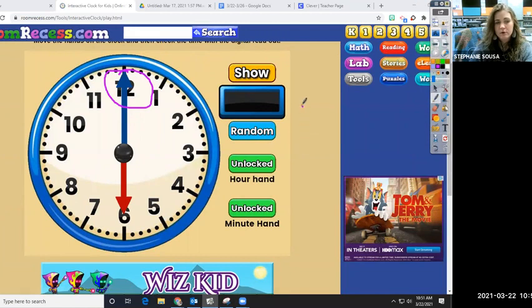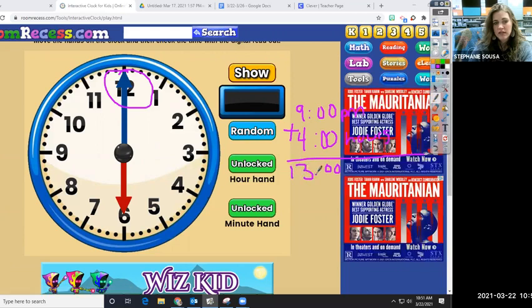So for example, let's say that it was 9 o'clock PM and we wanted to add 4 hours. What we can't do is say, oh, I know that 9 plus 4 is 13, so it's 13 o'clock.